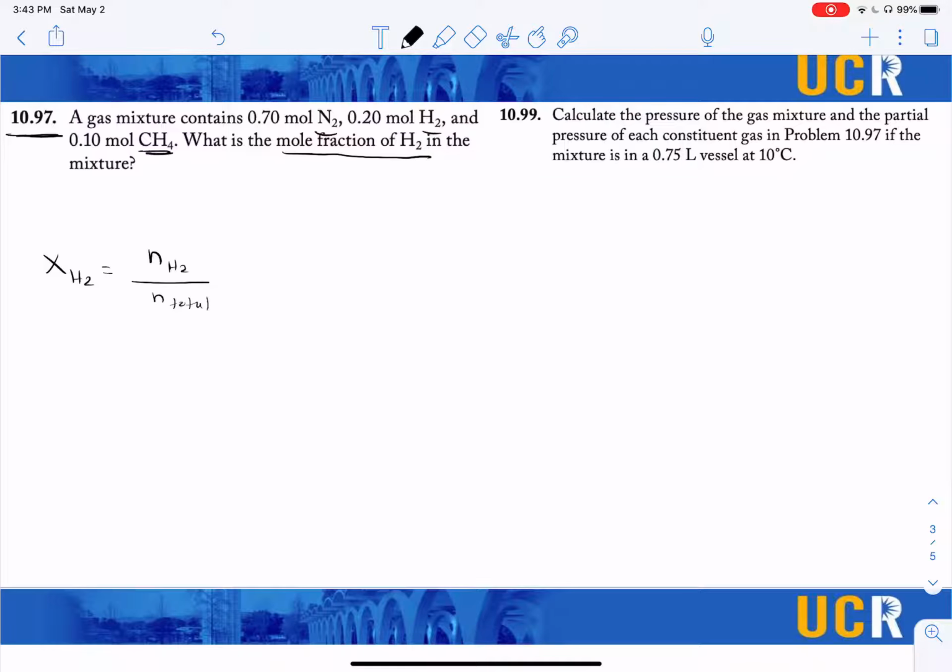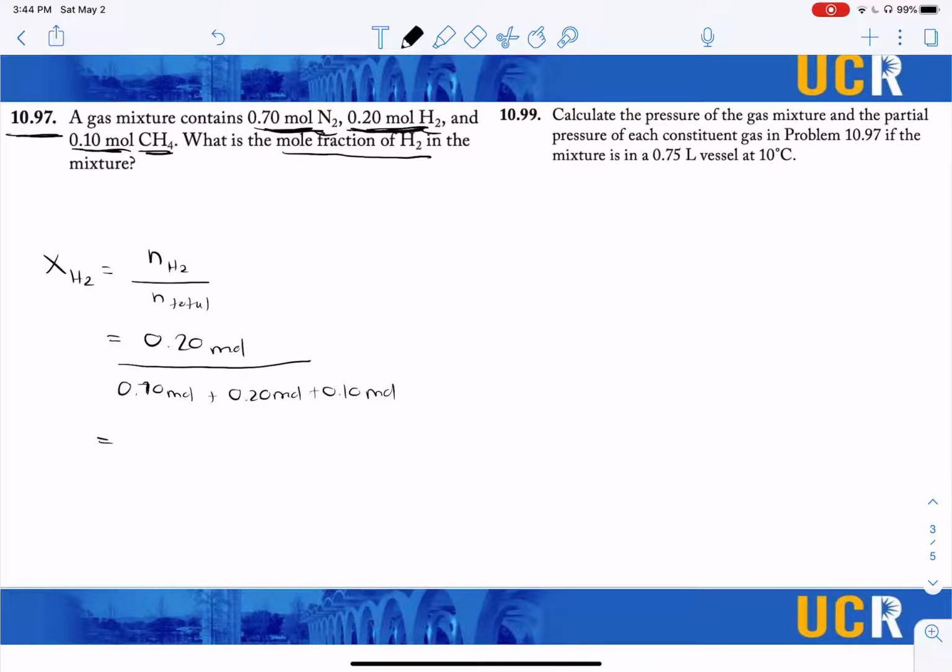The moles of H2 given right here is 0.2, and for the N total, we're just going to add them up: 0.7 plus 0.2 moles plus 0.1 moles.